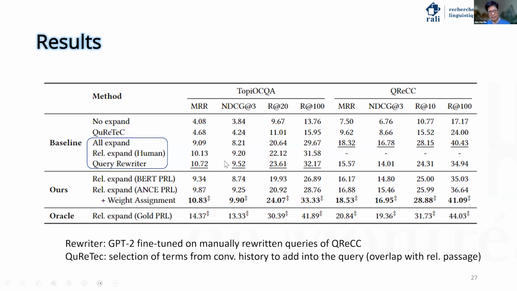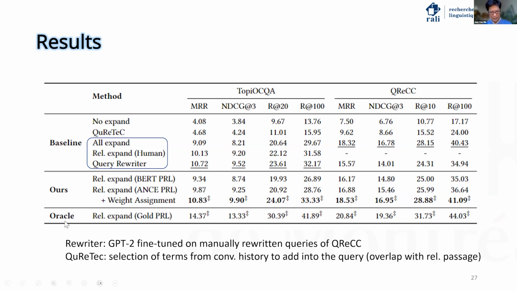And as we can observe here, the method that we proposed can outperform the previous ones, and the previous one seems to produce quite a good result by query rewriter in TopiOCQA, or by expanding with all the previous turns in QReCC. But in our case, we show that some selection is really useful.